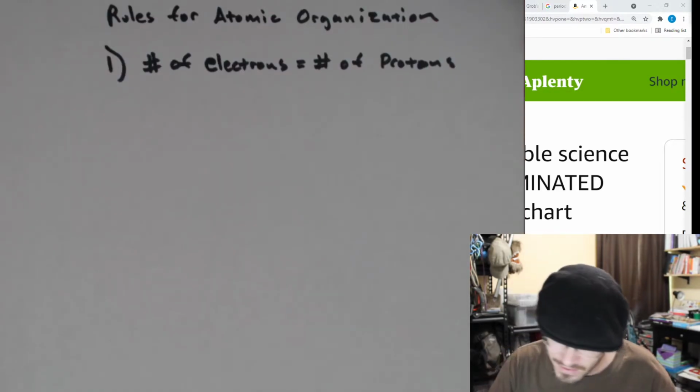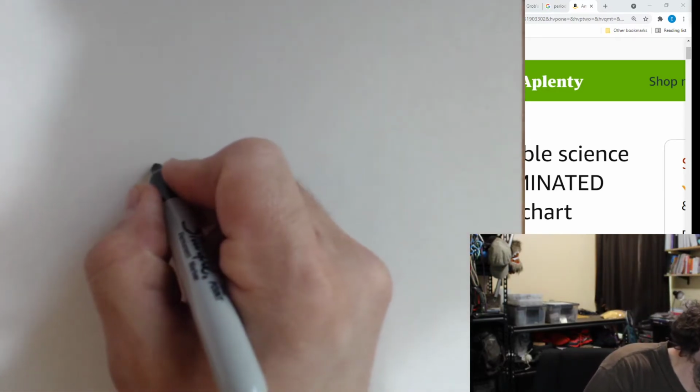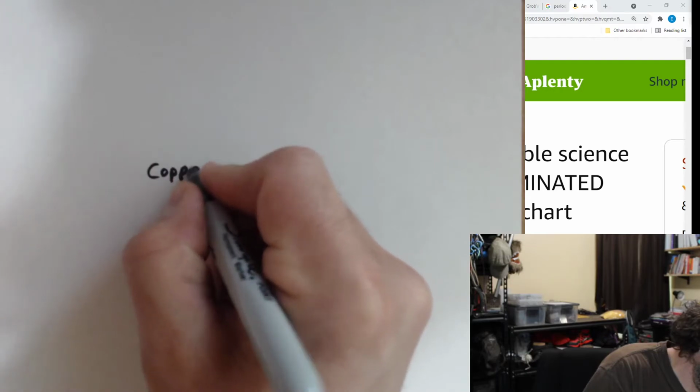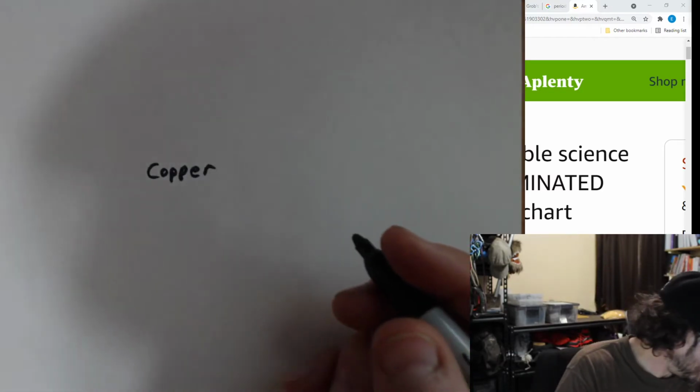So let's go ahead and let's talk about copper. Copper has 29 protons.